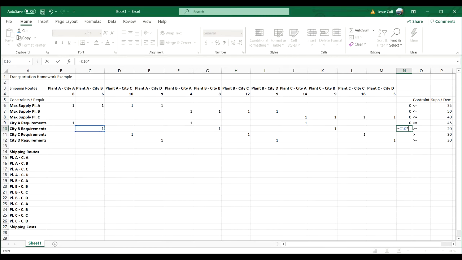Plant A, city B, plus B, city B, plus C, city B. One more time. AC, AC, plus BC, BC, plus CC, CC.